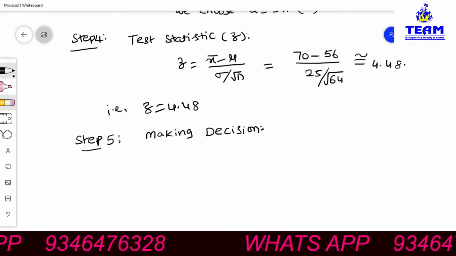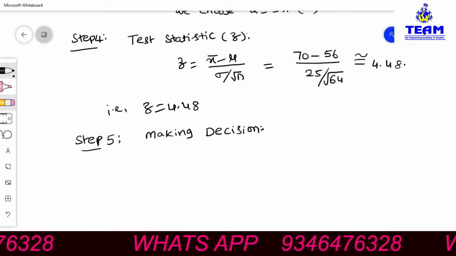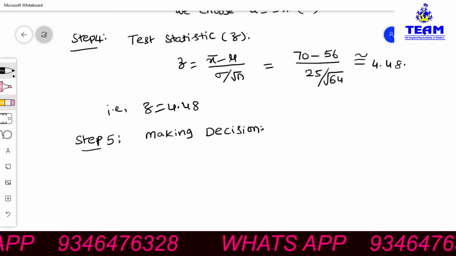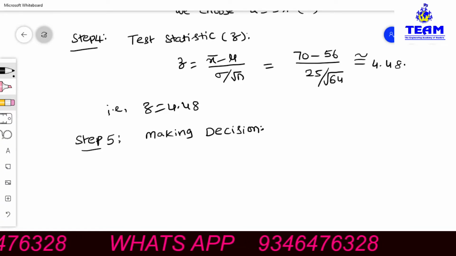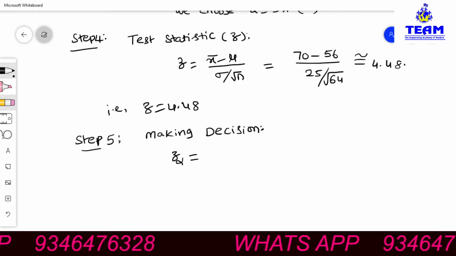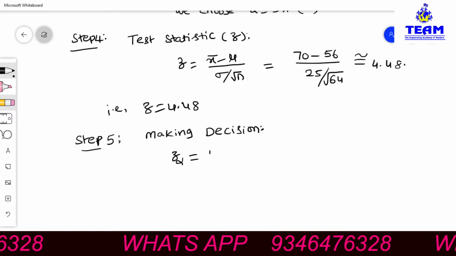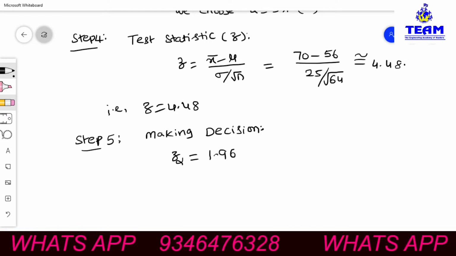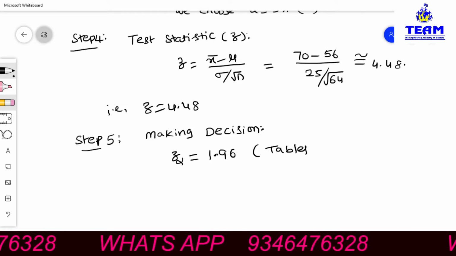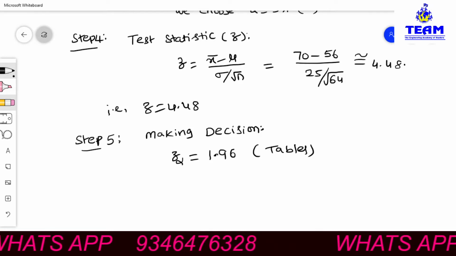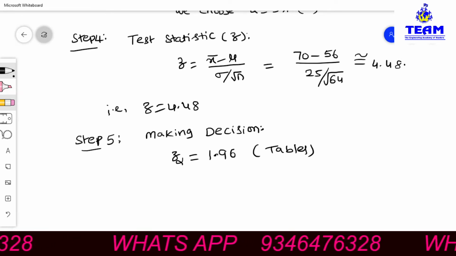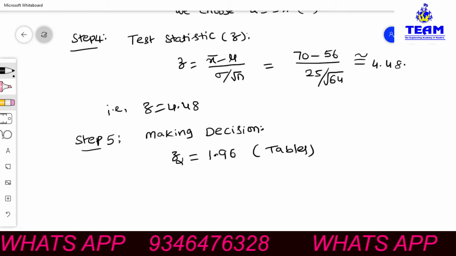Here Z is called the calculated value, and in place of Z we take the tabular value, which is called the significant value, Z alpha, which is 1.96, taken from tables. It represents the value of Z at alpha equal to 5% for a two-tail test, which is 1.96.